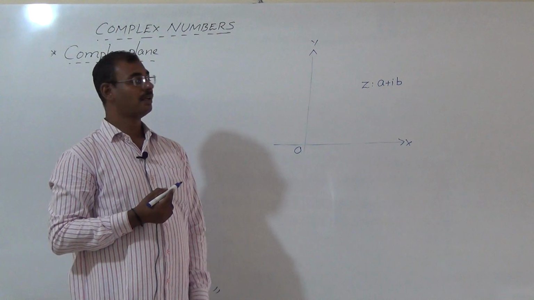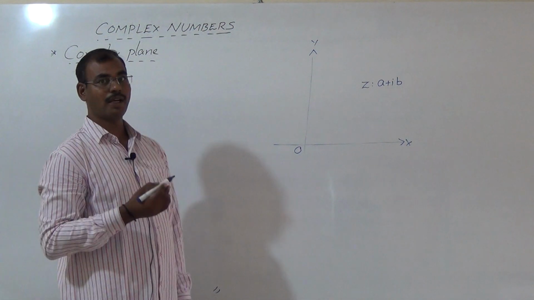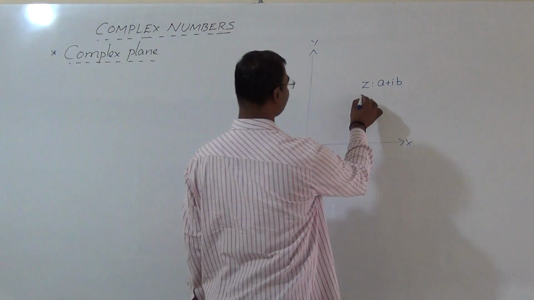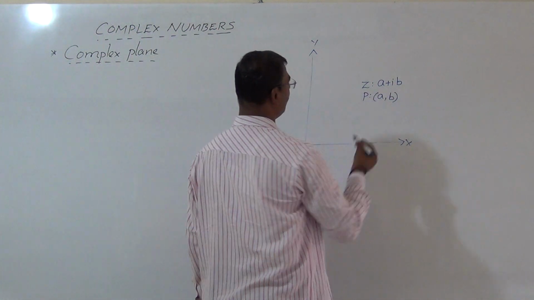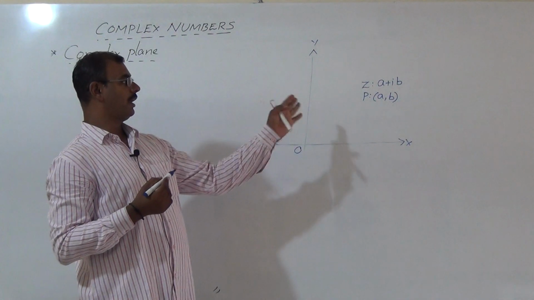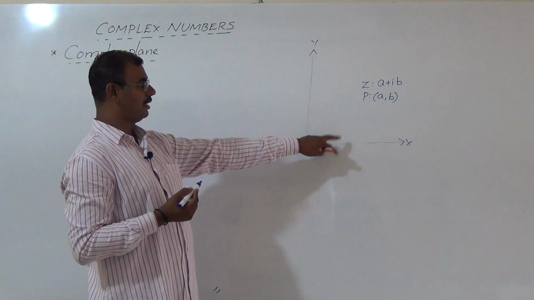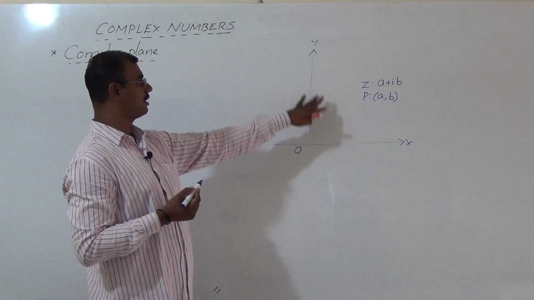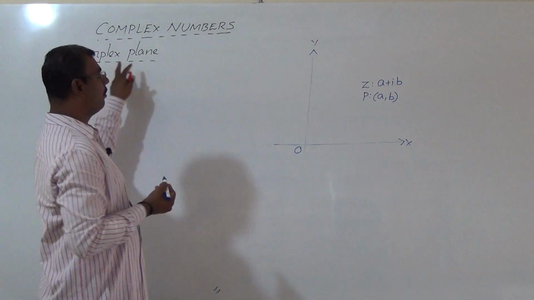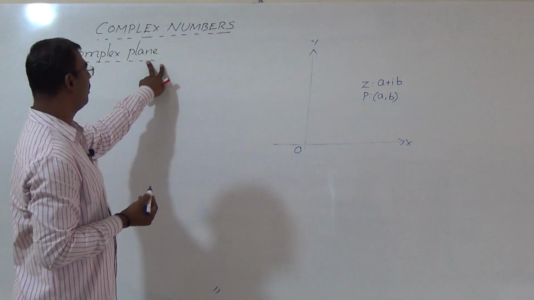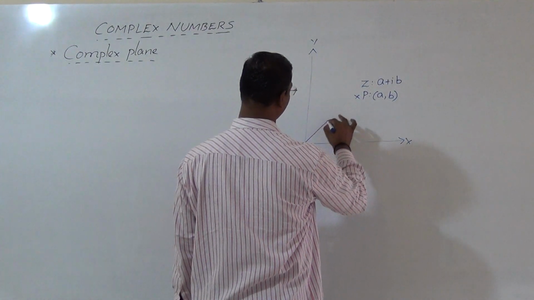This complex number we can represent uniquely, we can locate uniquely in point form. We can uniquely locate a point (a, b) on a two-dimensional plane. This two-dimensional plane is called the complex plane. It is also called the Argand plane. So this is the complex plane.